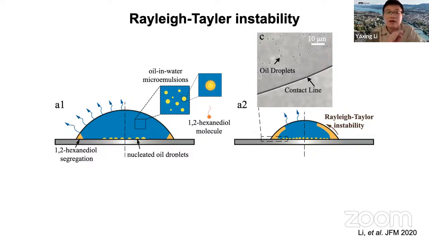This is the same. But for this case, hexanediol plus water plus silicone oil, the silicone oil will first nucleate, attach on the substrate, and become many small silicone oil droplets. And all these tiny droplets become the nucleation sites for hexanediol.